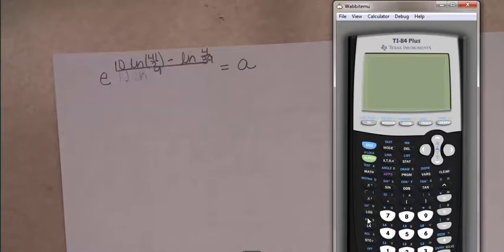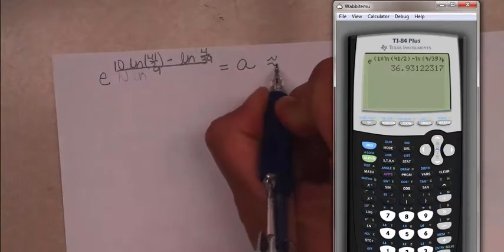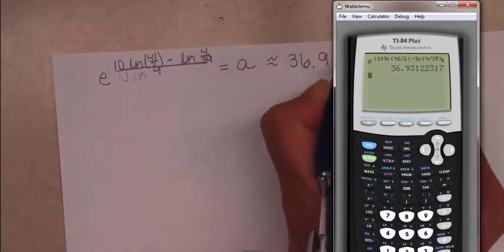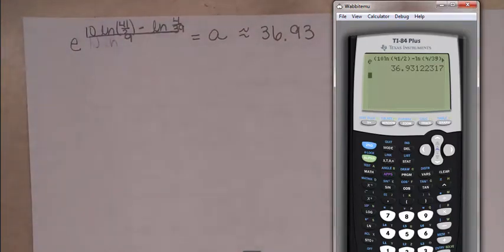All right, so I'm going to have e raised to the, now I'm going to do 10 times the ln of 41 halves minus ln of 4 divided by 39, and then I want all of that divided by 9. So I get approximately 36.931.